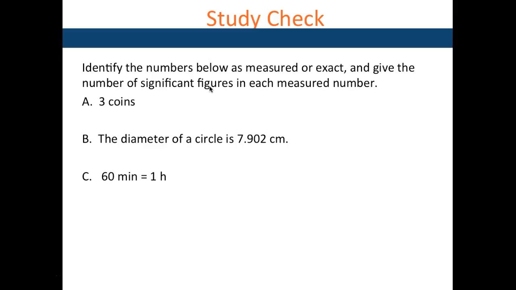Exact numbers are exact, whereas you take sig figs with respect to measured numbers. So 3 coins, this is exact, this is a measured number. So here you have 1, 2, 3, 4 sig figs. Now this is a definition, so it's exact.